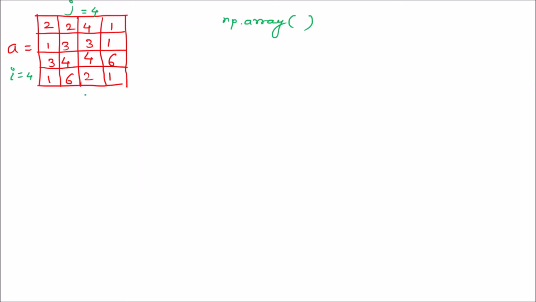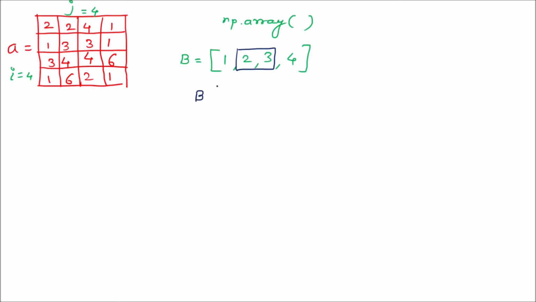how can I slice the array? Normally, if you take a one dimensional array, suppose B is a one dimensional array, for example 1 2 3 4, and you want to slice this array between these, you want to slice 2 and 3. So how can you specify?